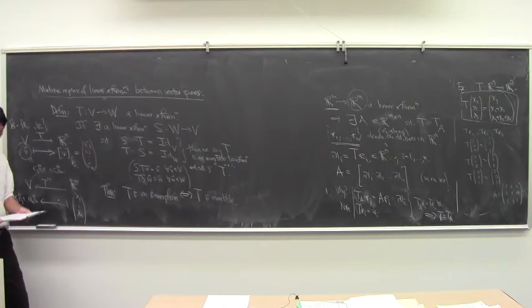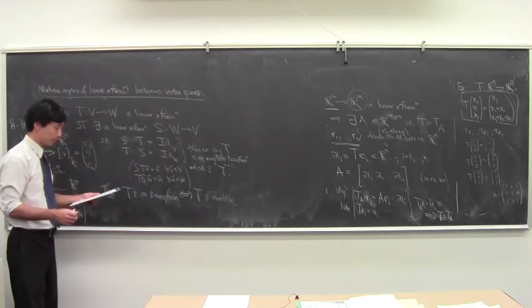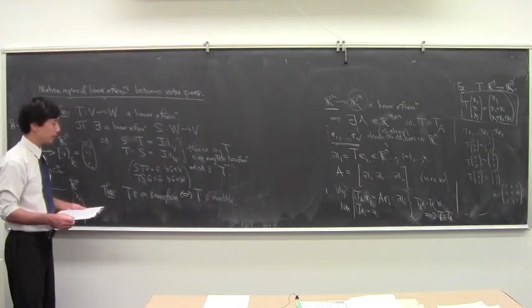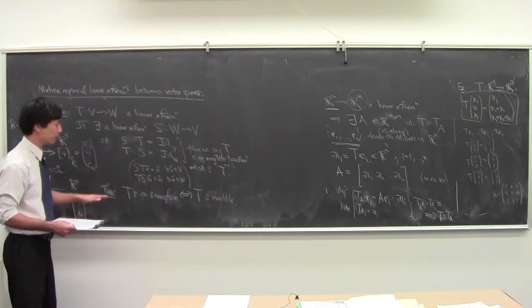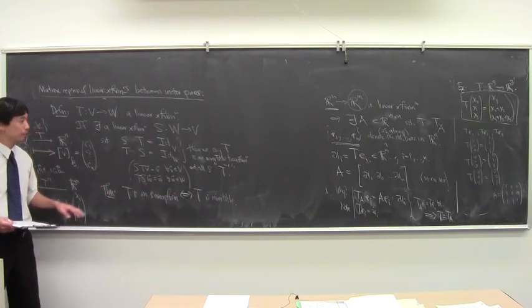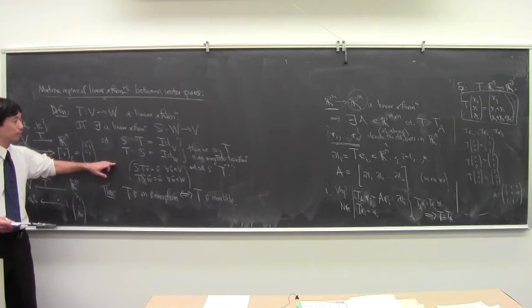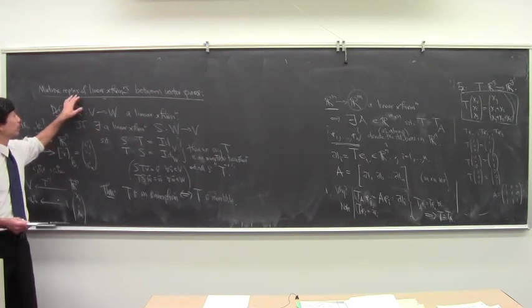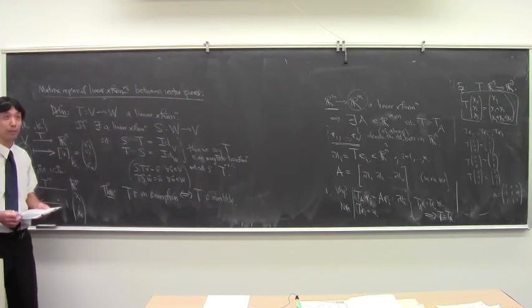I'm not going to explain this theorem. It's not difficult, but I don't want to take the time to do it. Our goal is to talk about matrix representations between abstract vector spaces.